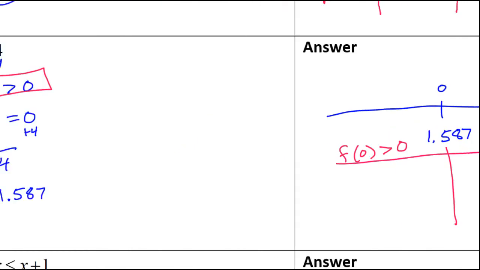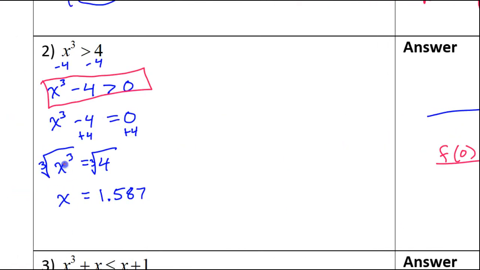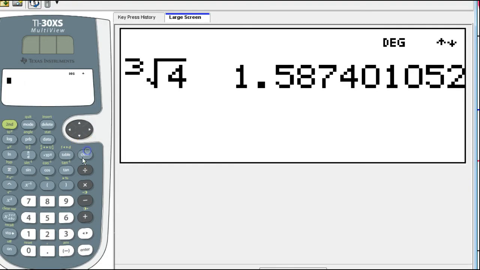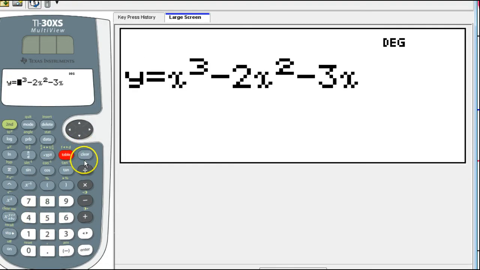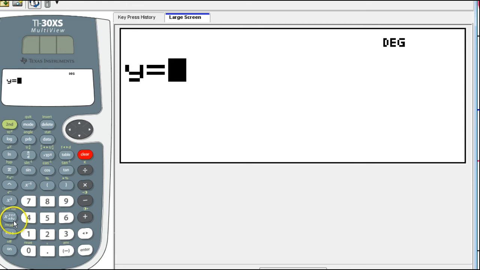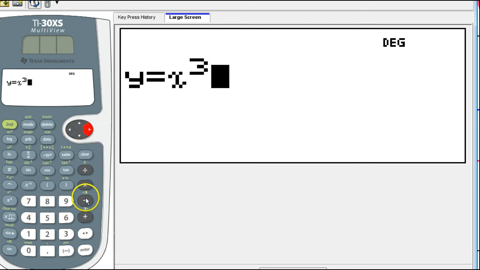Once again, I'm going to use my TI-30XS MultiView, and I'm going to put the left side of this function in the table feature. So x to the third power minus 4. I'm going to hit the table button, clear this out, and enter x to the third power minus 4.